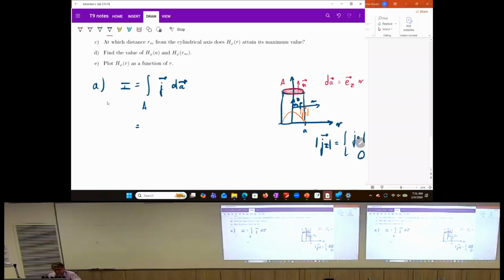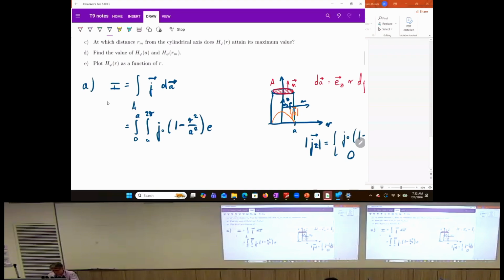Then we obtain here from 0 to a and from 0 to 2 pi. And we put in here the value of the current density, 1 minus r squared over a squared. And we integrate over the surface element dA, that is Ez. Wait a moment, the first Ez is actually from our current density. This is from our vectorial surface element, r d phi dr.